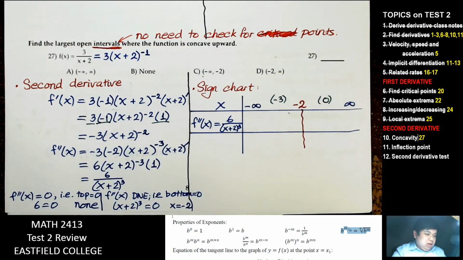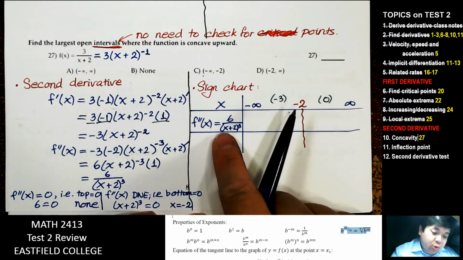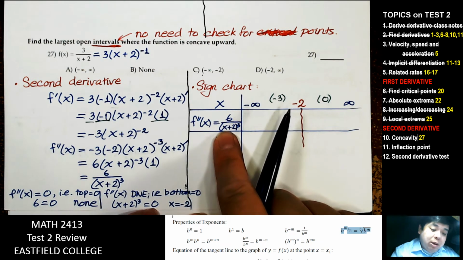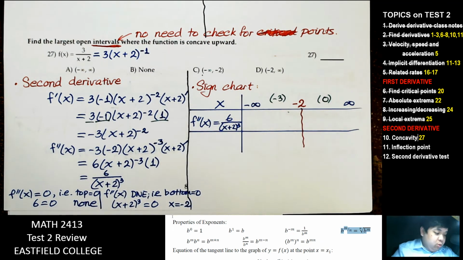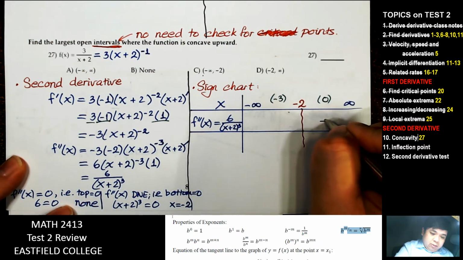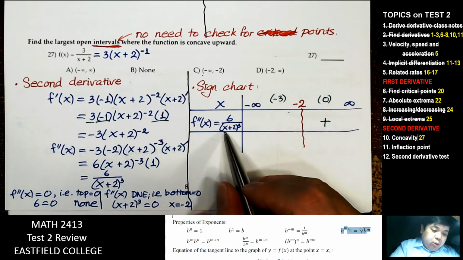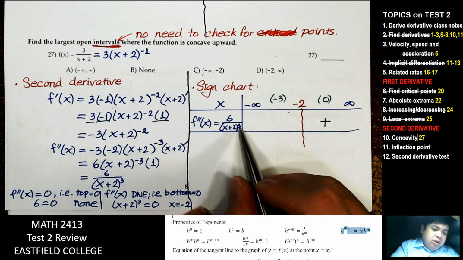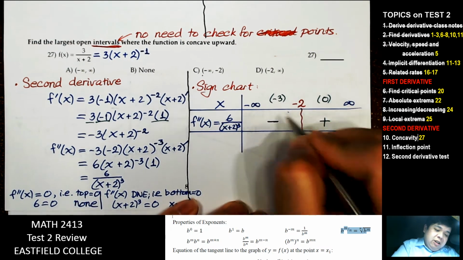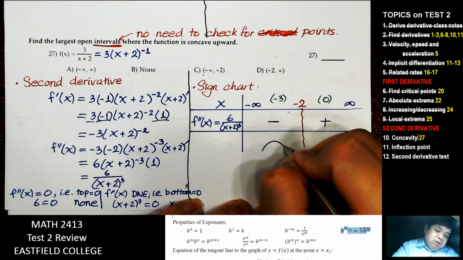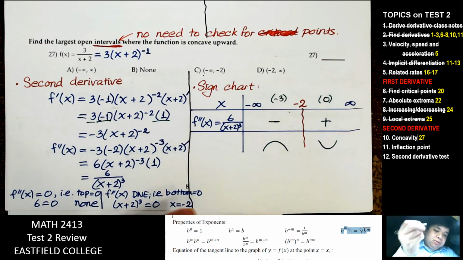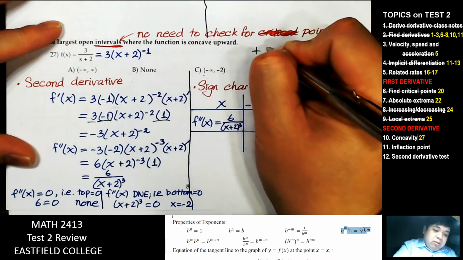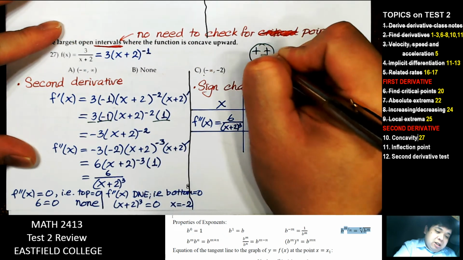Not exactly in the middle, just any point inside will be fine. Right, put 0 in here, that will be positive. And put negative 3 in here. Negative 3 plus 2 is negative 1. Cubed is negative. So negative is concave down. Positive is concave up. Of course, we should remember this.